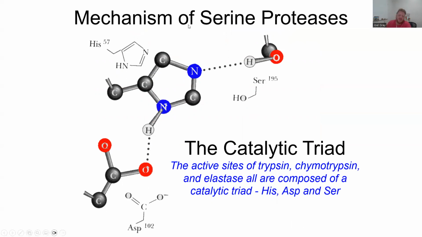So it's these amino acids that are central to the mechanism of serine proteases. Their positioning in the polypeptide sequence might be a little bit variable, but in the 3D structure of the protein, they're all going to come together and be pretty much equidistant from one another.